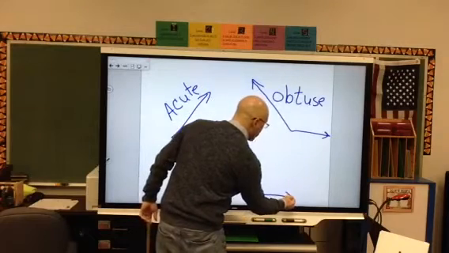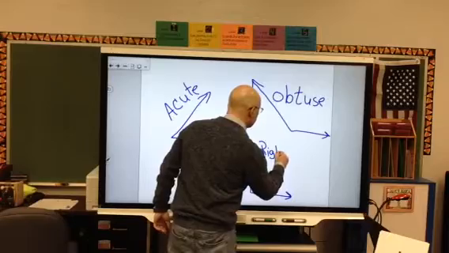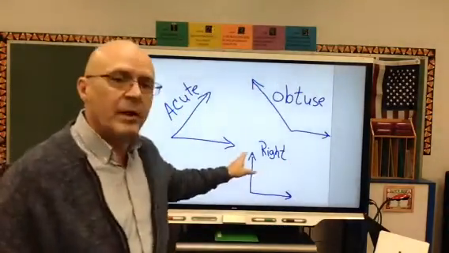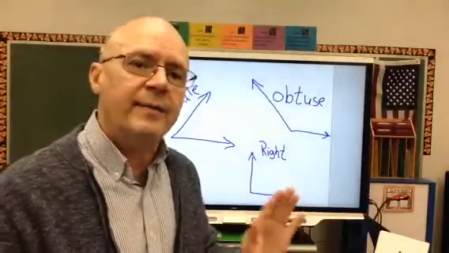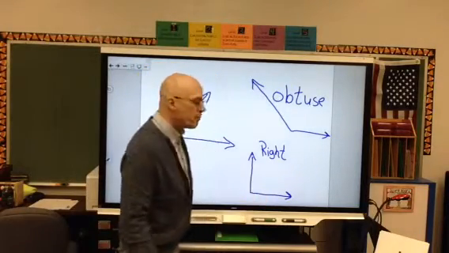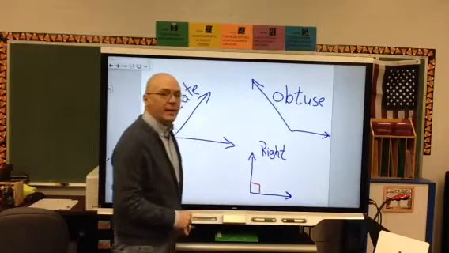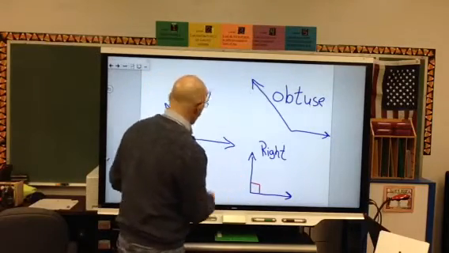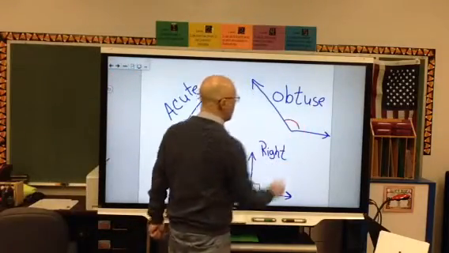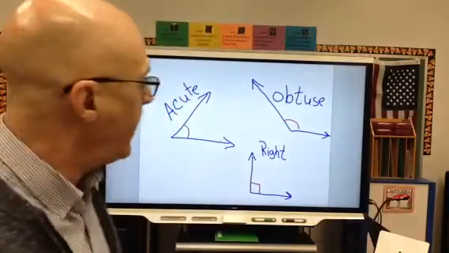Let's pretend that this is straight up and down. A straight up and down angle is called a right angle. We go straight up and down and straight over. We notate that by putting that there. We notate these angles like that. They are not 90-degree angles. They are not a right angle.